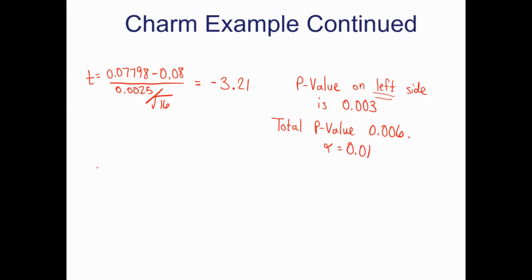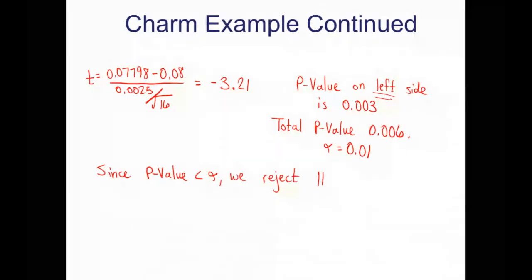So how does the p-value compare to alpha? When p-value is less than alpha, what do we do? We reject H naught.